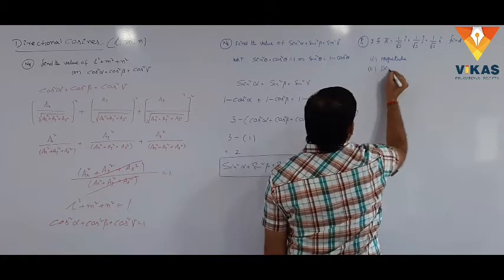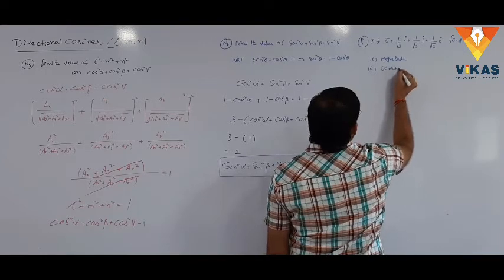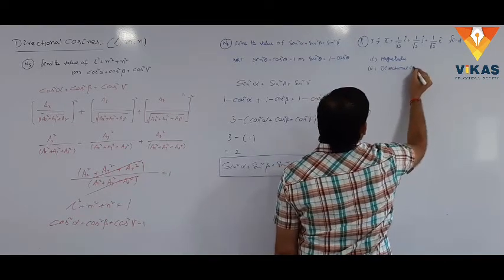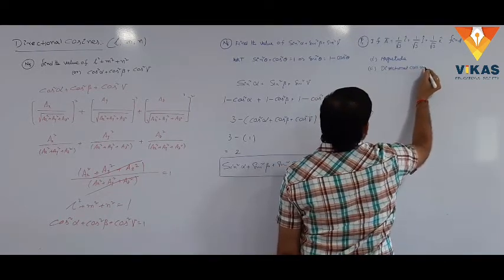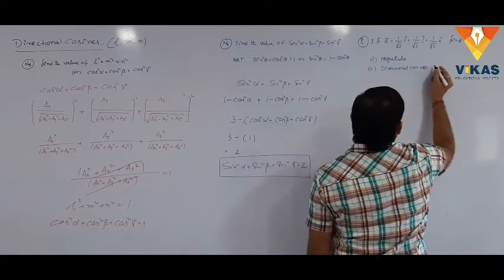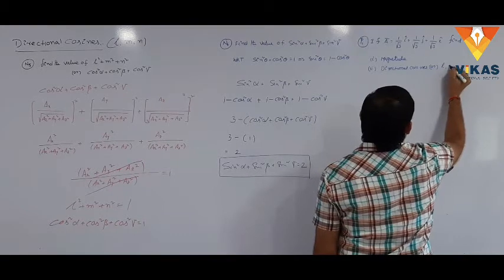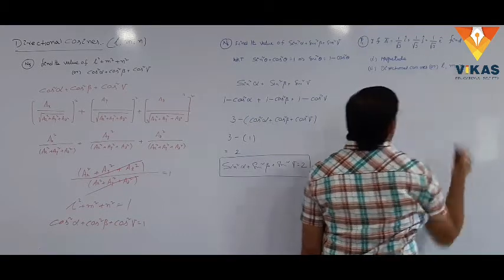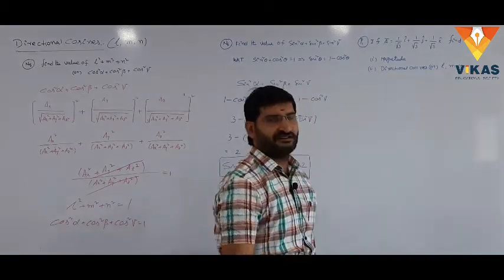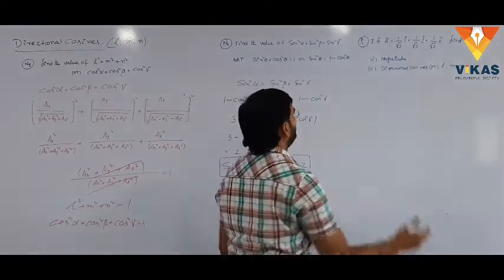directional cosines, or what are the values of l, m, n? Directional cosines are nothing but l, m, n.